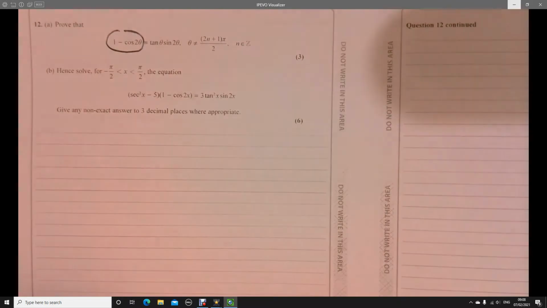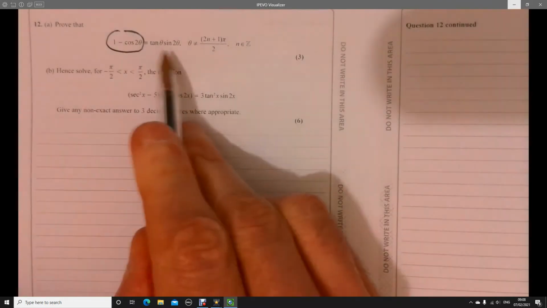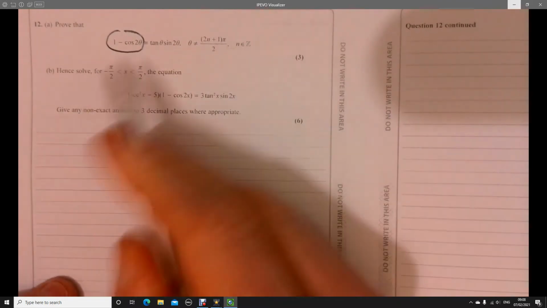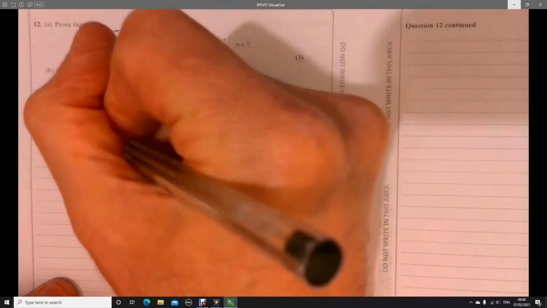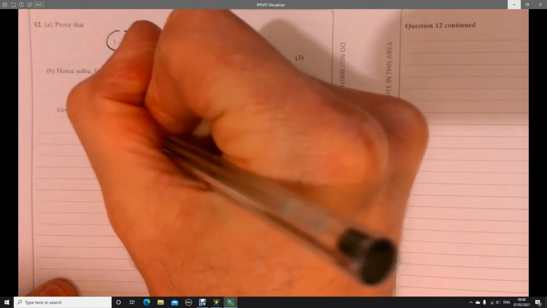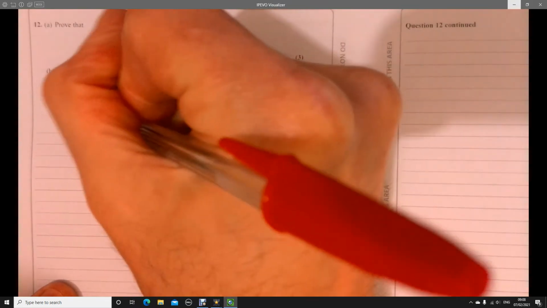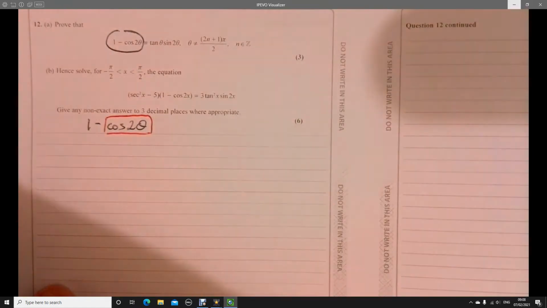Question 12. So we're going to look at this and think about how we can rewrite 1 minus cos 2 theta to end up getting here. Remember, just concentrate on one side. I know I'm thinking about double angle formulae, because let's think about how we can rewrite this part.